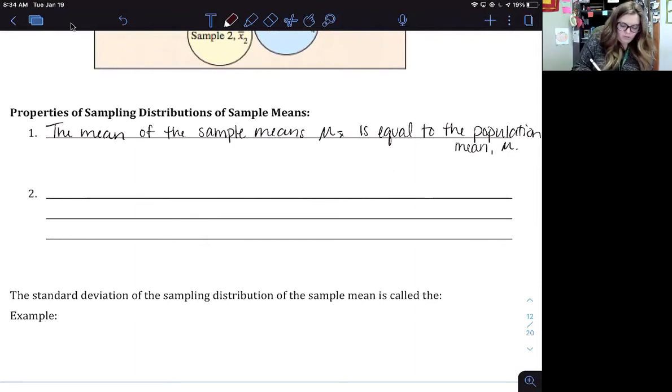Okay, so we know that the mean of the sample means, mu of X bar, equals the population mean.